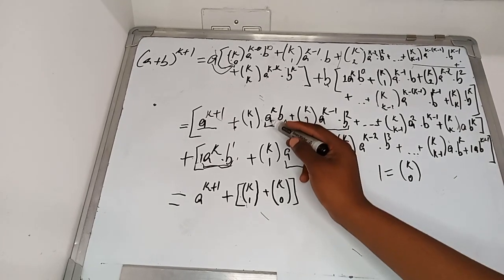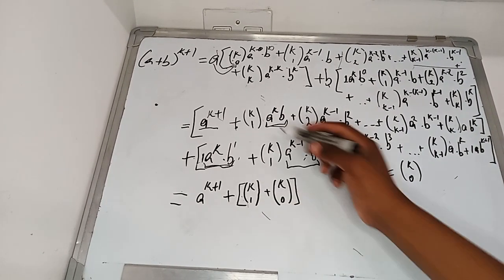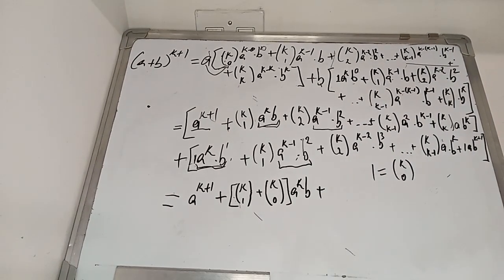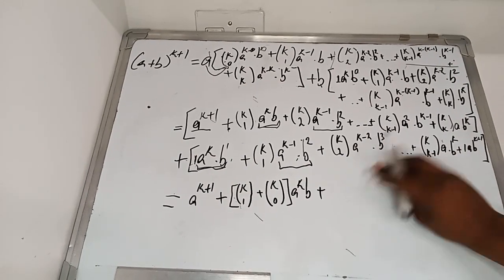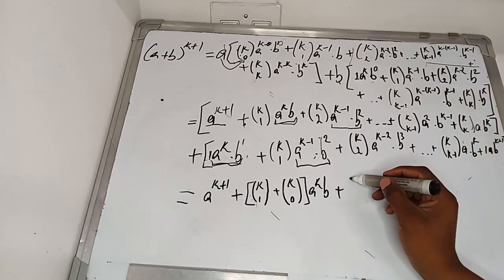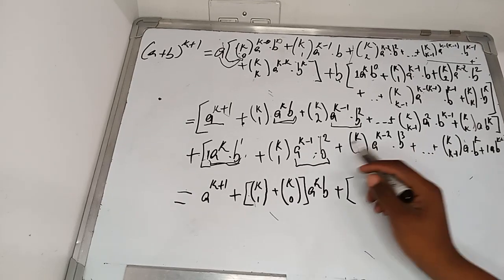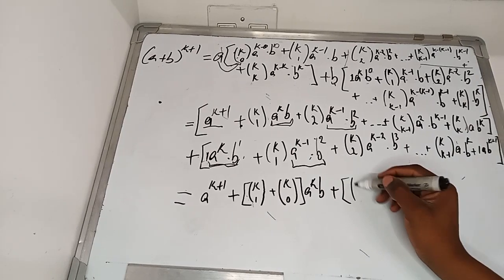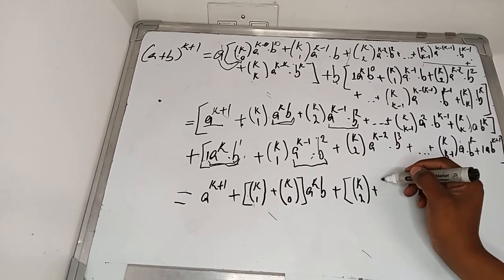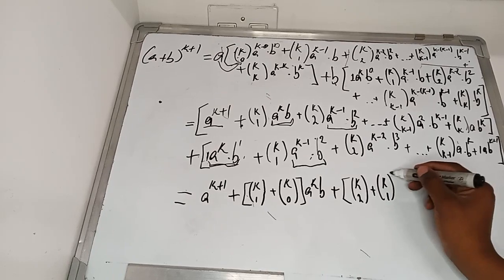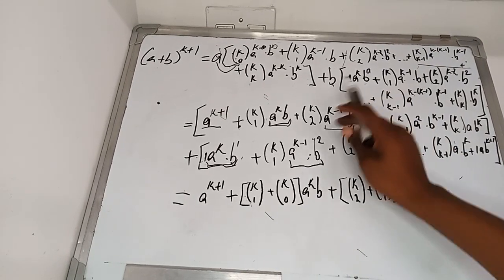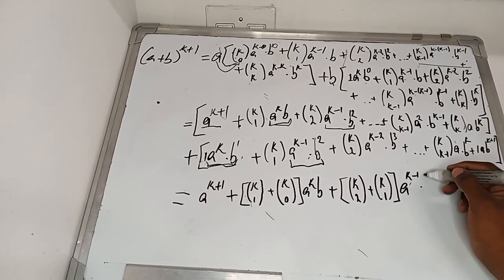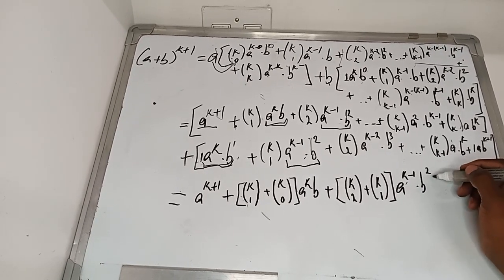Then I'll multiply by this common factor, which is a to the k b, plus, now again this and this is common, so I'll add their coefficients. So k choose 2 plus k choose 1, then multiply by their common factor, a to the power k minus 1 times b squared.